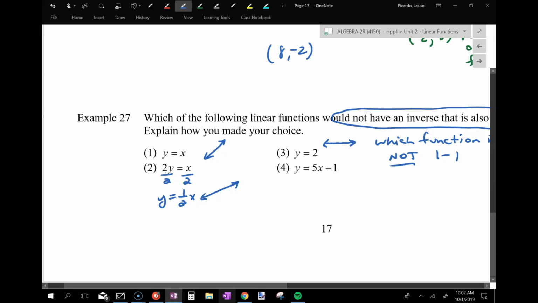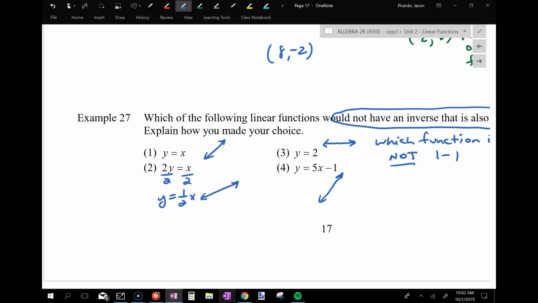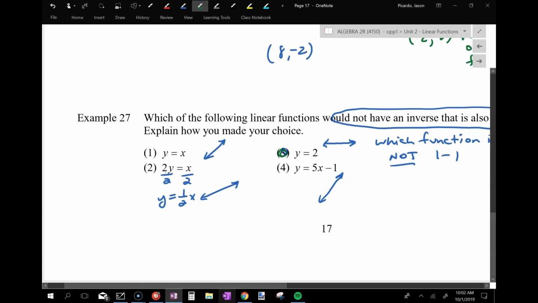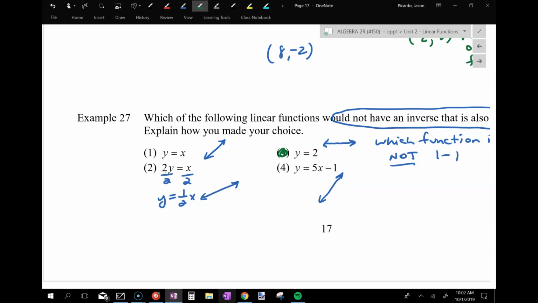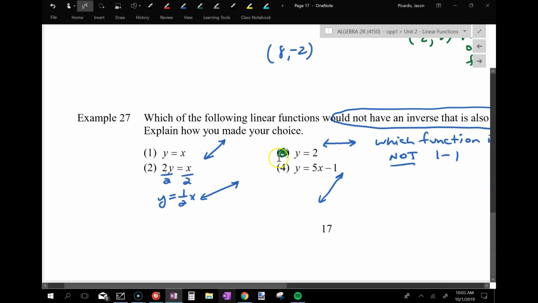What kind of a line is that? Horizontal. And y equals 5x minus 1 is a positively sloped line, right? The only one that doesn't fit is which one? Choice 3, right? And why is choice 3 not 1 to 1? Because a horizontal line doesn't pass the horizontal line test, because the horizontal line would touch the horizontal line everywhere, right? Everywhere. Good?